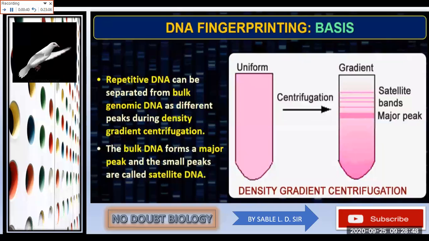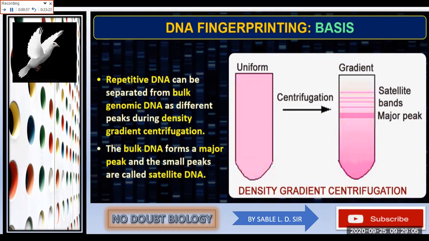So what happens in this technique: the DNA is collected uniformly, and then a density gradient is set up, where the bulk genomic DNA shows different peaks.